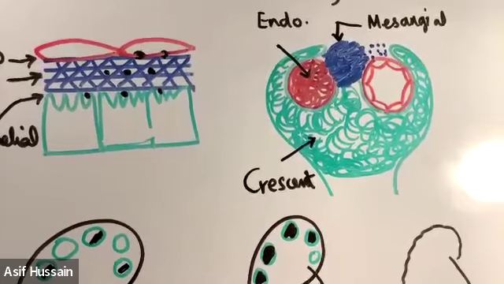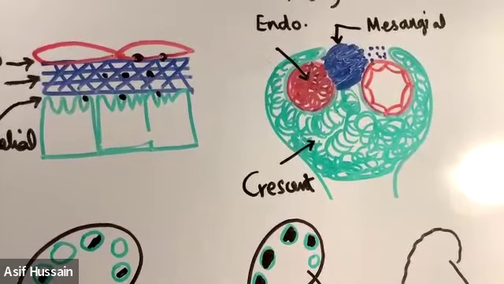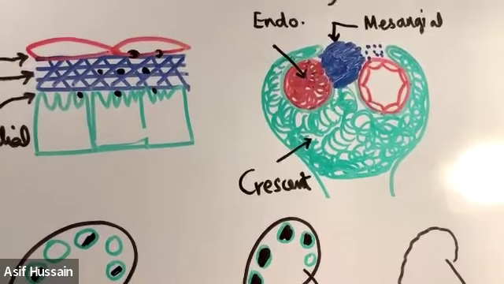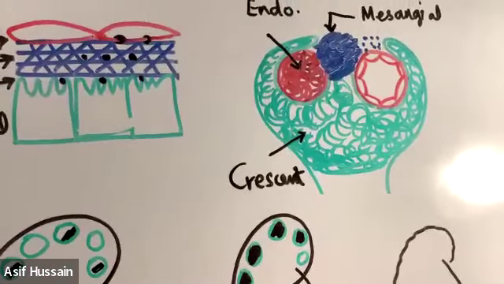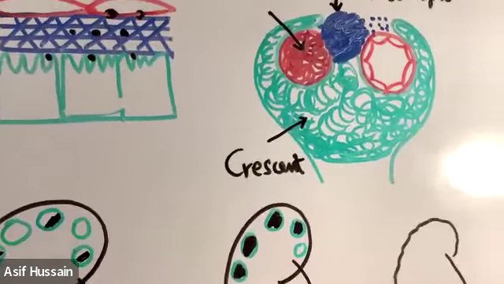Depending upon the number of glomeruli involved, if more than 50% of glomeruli are involved, that means a severe disease. So crescent formation is a marker of a severe disease, and the number of glomeruli which have crescents indicates the further severity of the disease. The more the number of glomeruli with crescents, the more severe is the disease. Okay.